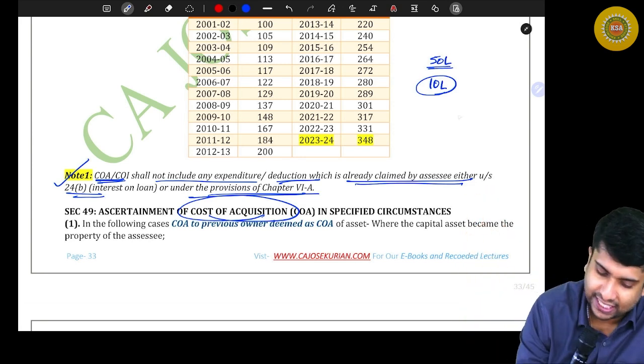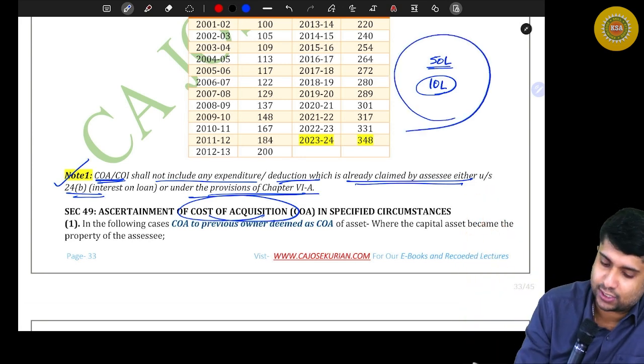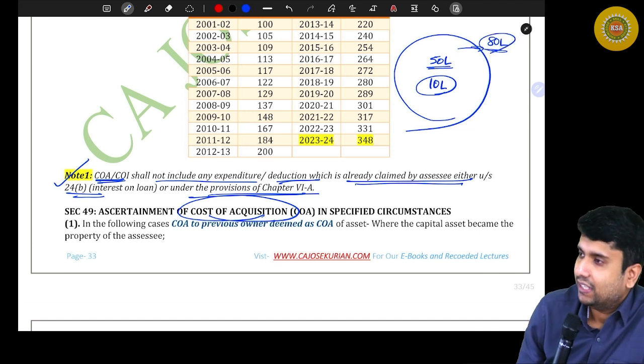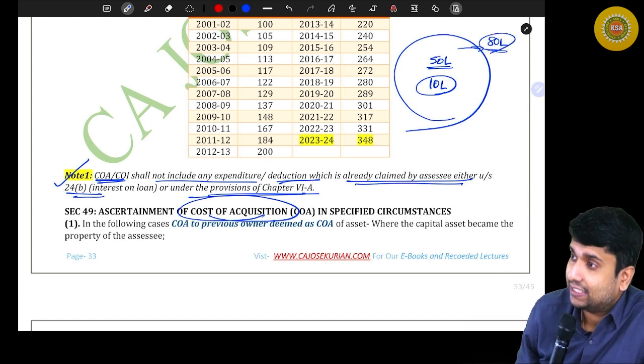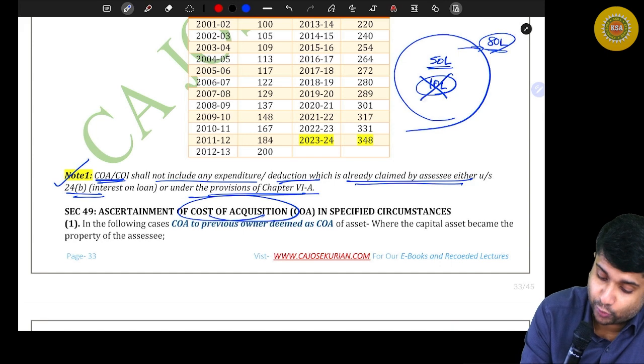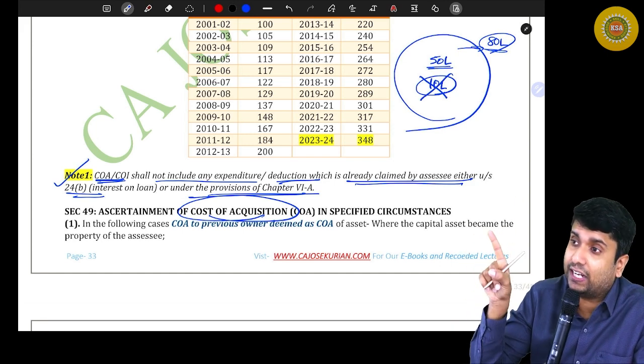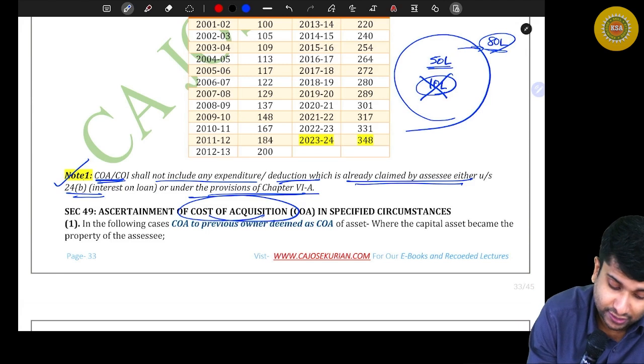Now say I am selling this house property for 80 lakhs. How much is my cost of acquisition? Is it 50 or is it 60? It is only 50. You cannot claim 60. Why? Because that 10 you have already claimed as a deduction under 24B. That's what this note is all about.